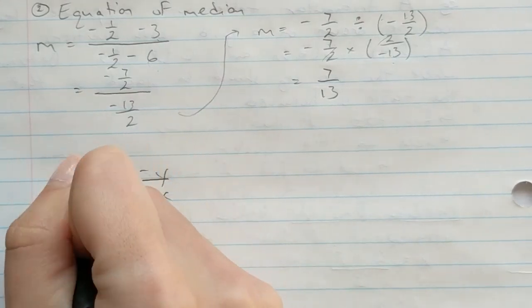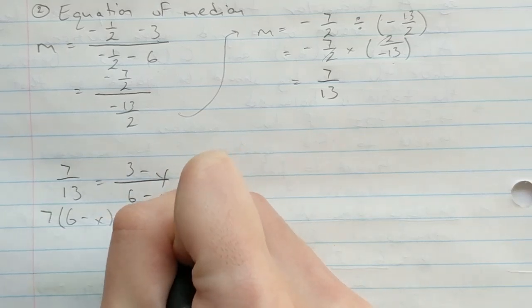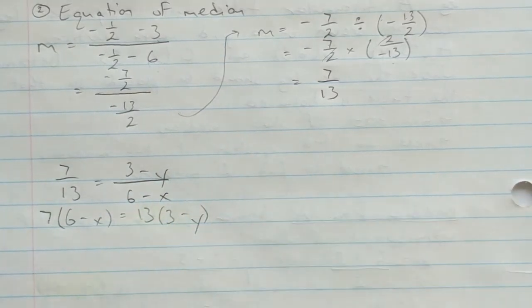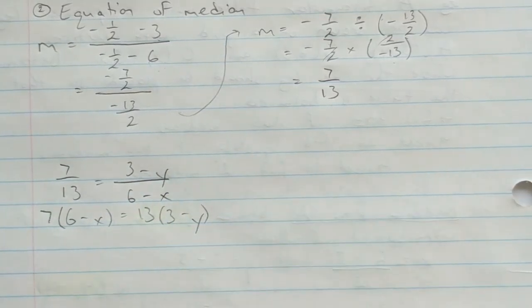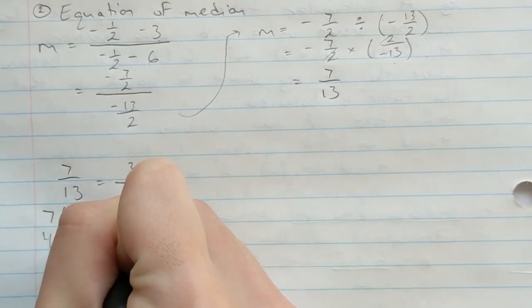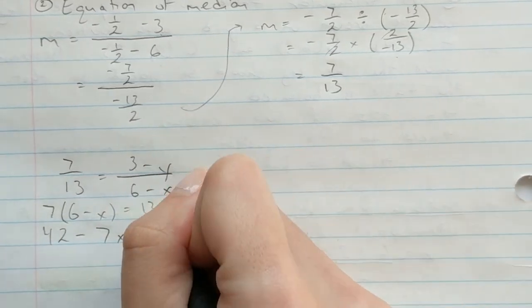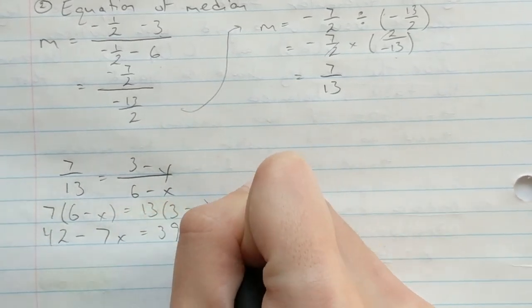Let's cross multiply. Okay, I'm going to go ahead and use distributive property to expand. 7 times 6 is 42 minus 7x. 13 times 3 is 39 minus 13y.